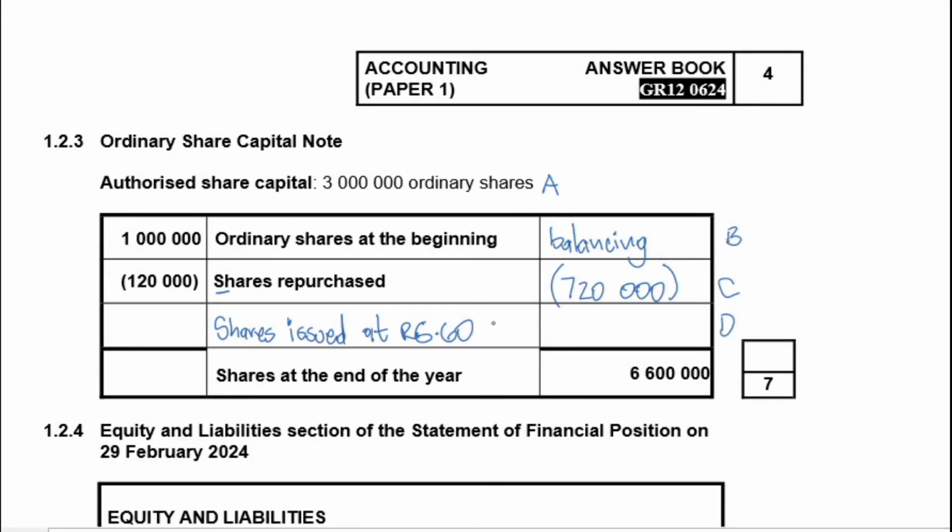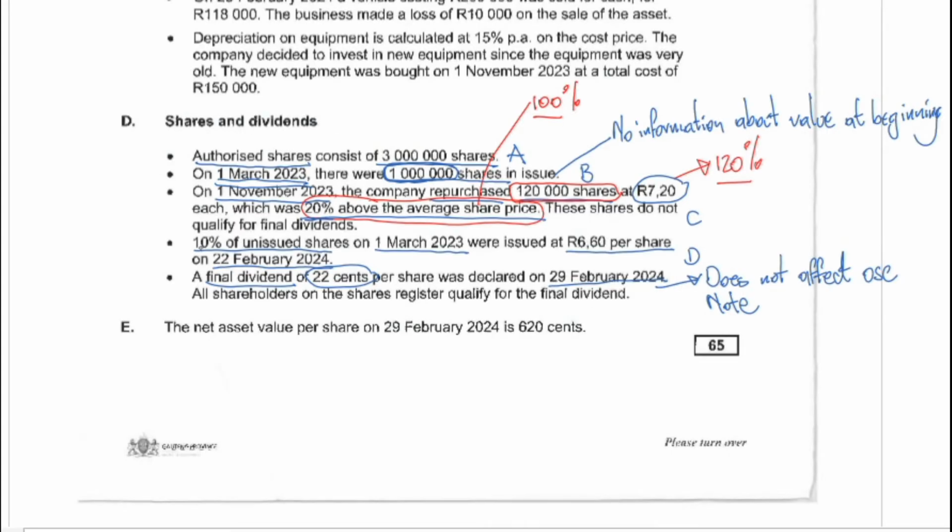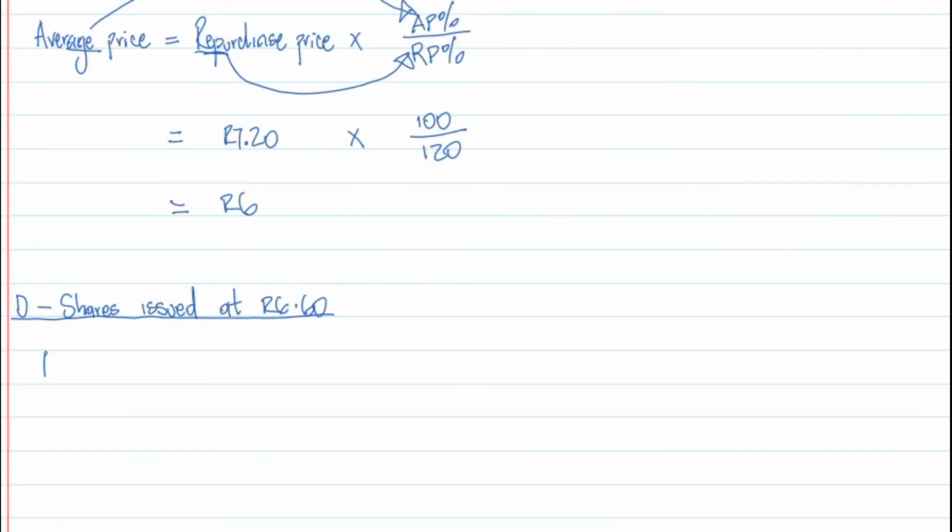Now let's move on to the share issue. How do we get the number of shares that were issued? We are told that 10% of the unissued shares on 1 March 2023 were issued at 6.60 rand per share.